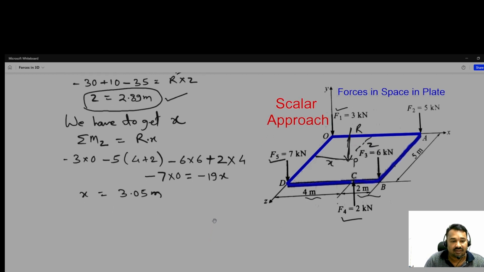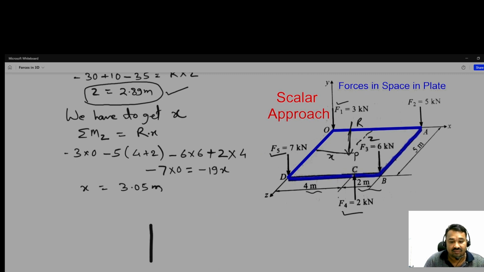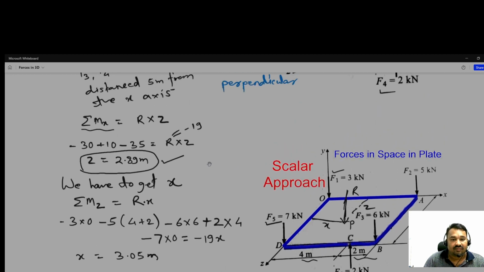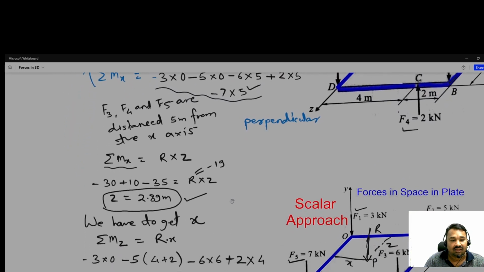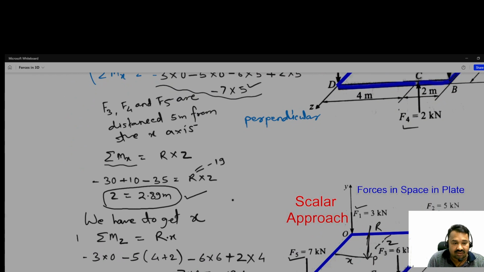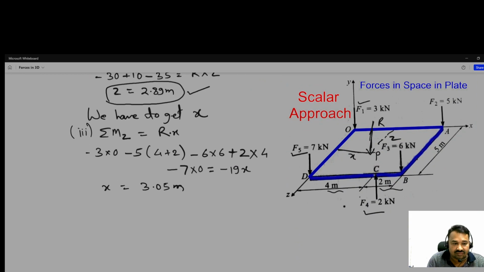Okay, then the next step: this one is second, then moment about z is the third step. Fourth is the resultant and its point of application.